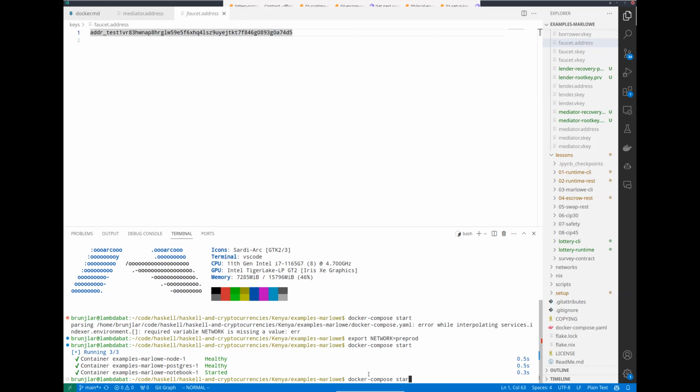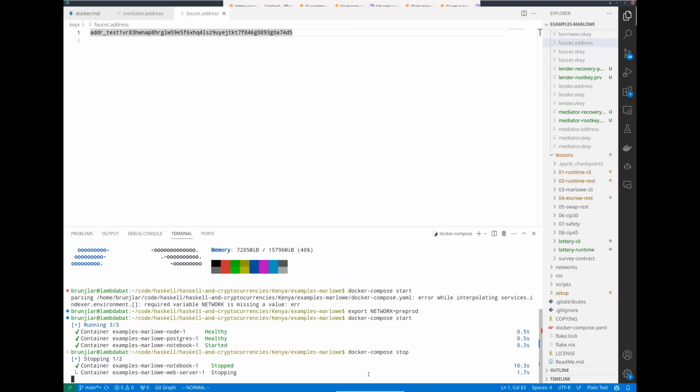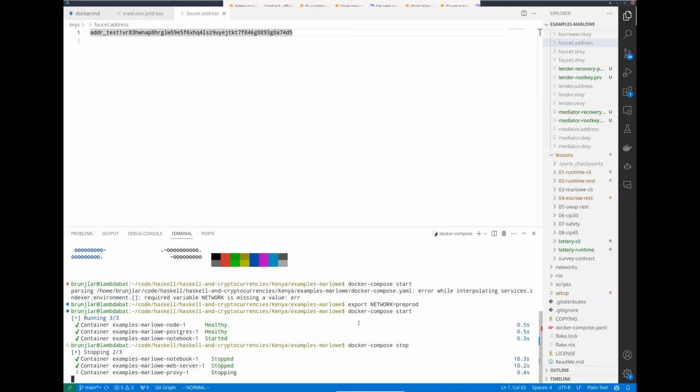Just stop it again. I don't really know much about Docker compose, so I just followed the instructions, and until now it always worked. There are supposed to be 8 of these containers with all the various tools one needs, but for some reason now it only started 3 of those.